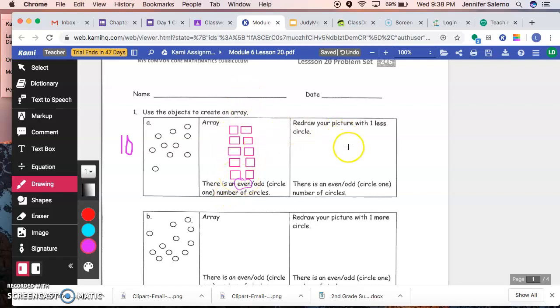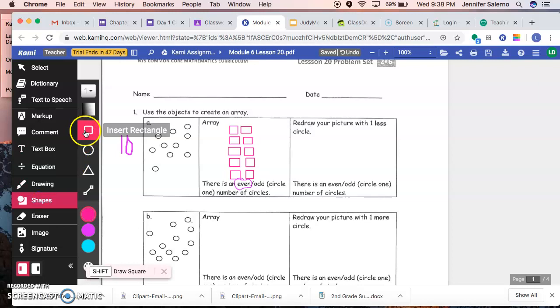Now, in the next box, they want you to redraw exactly what you did here, but now with one less circle or whatever shape you make. So now I'm going to pretty much do exactly what I did. And then at the end, I need to make sure that I'm taking away 1. Okay.